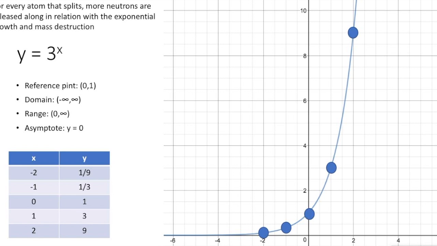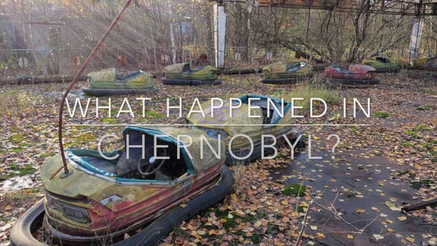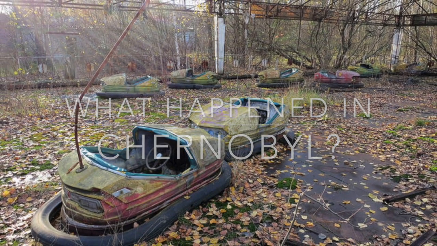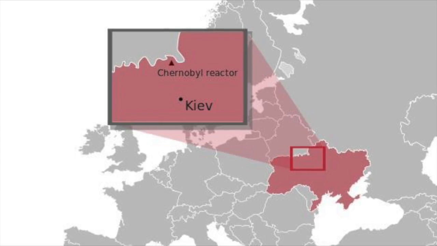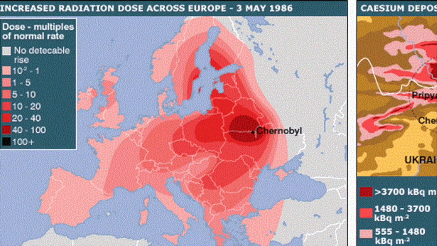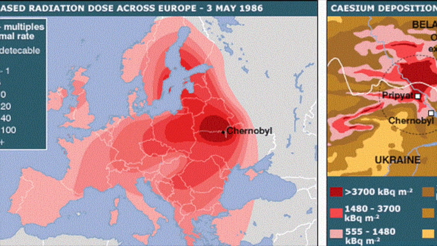The 1986 accident at the Chernobyl nuclear power plant in Ukraine is the only accident in the history of commercial nuclear power to cause fatalities from radiation.